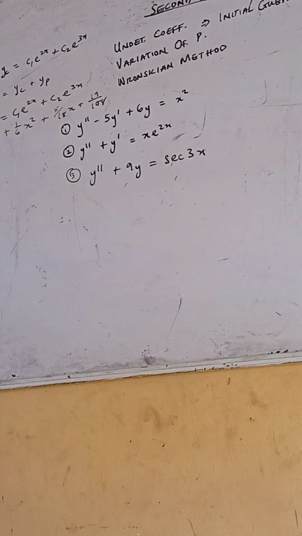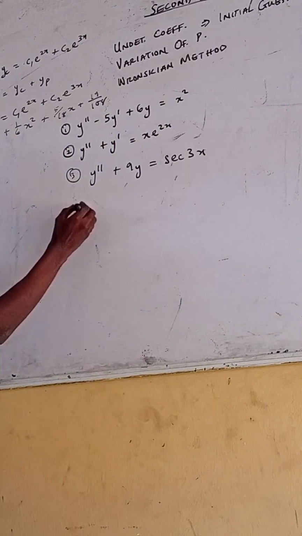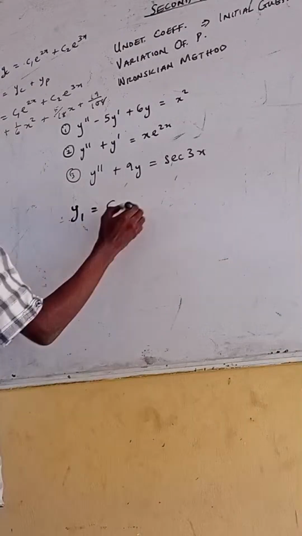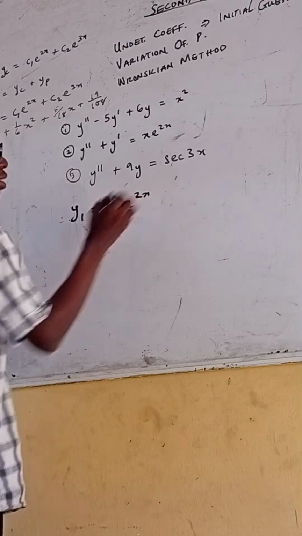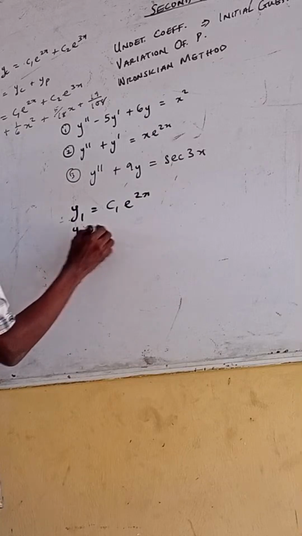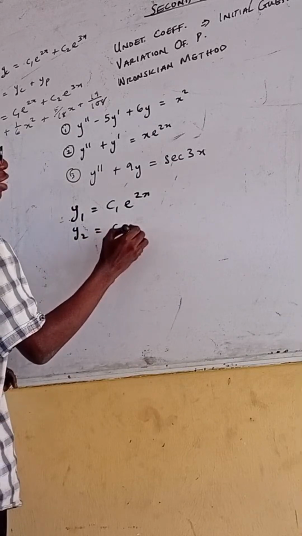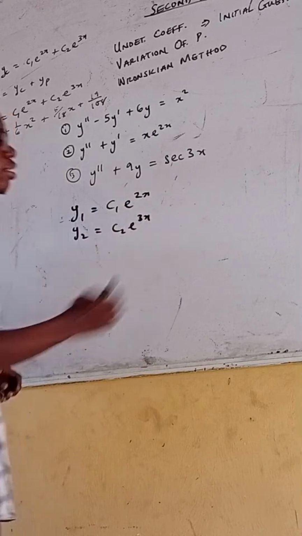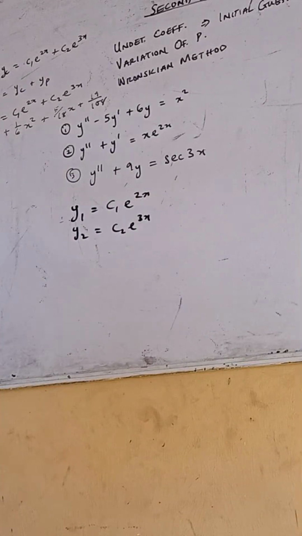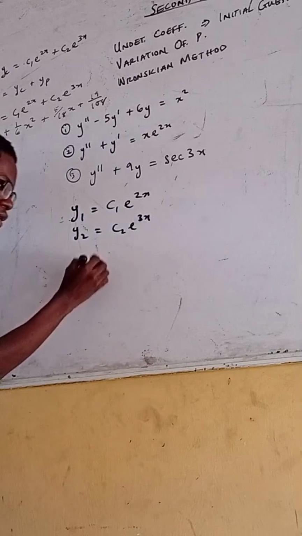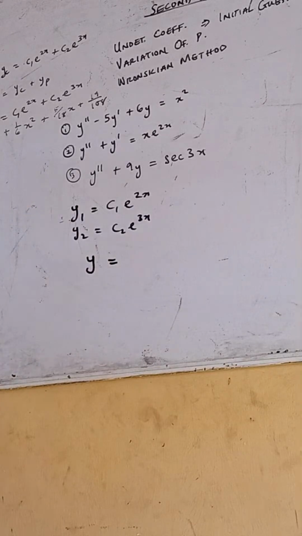So for number 1, we have gotten our y1 equals what? e raised to power 2x, and our y2 as what? C2 e raised to power 3x. So variation of parameters says that let us just have a y, which is like a complementary solution.